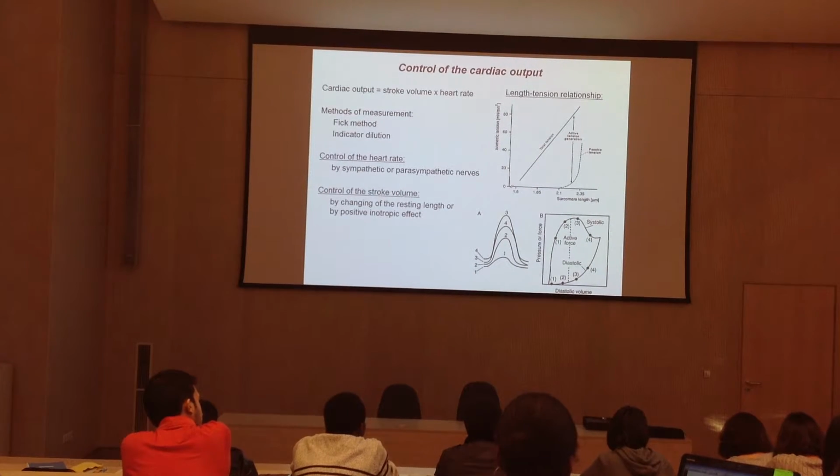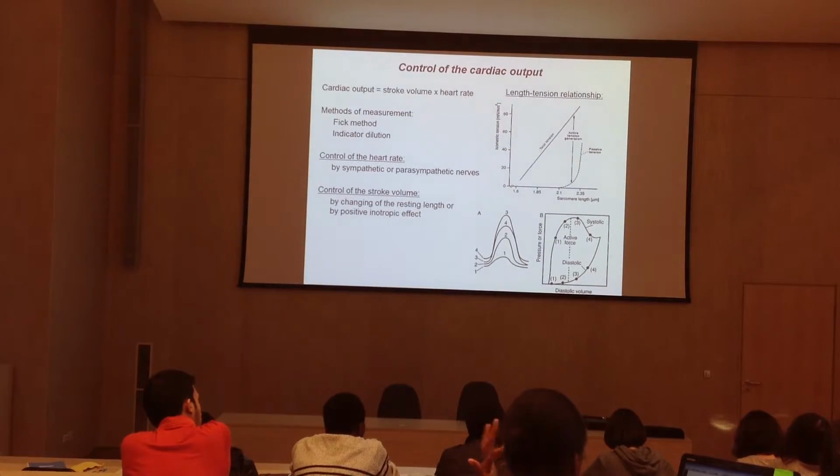But you can say that the resting length is 100%, and you increase the resting length to 130%. And it is the same, increasing the length. Now, the resting length modifies the contractile force.